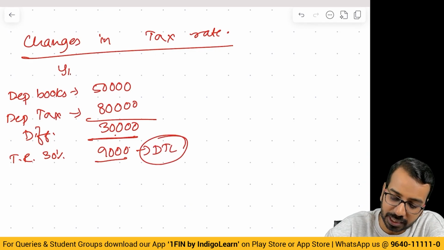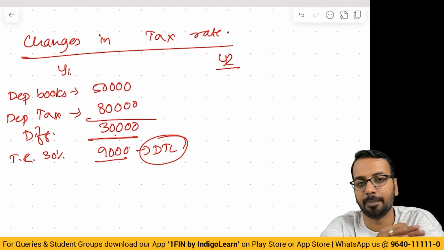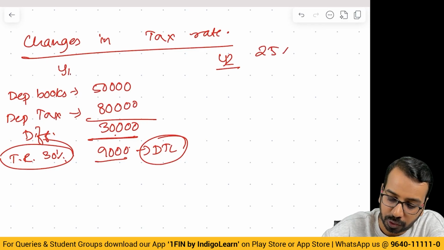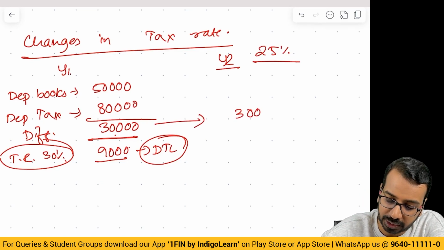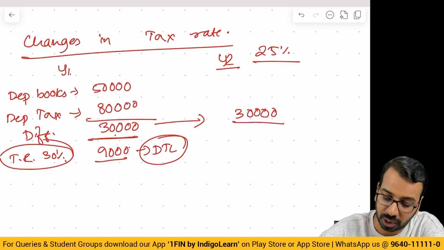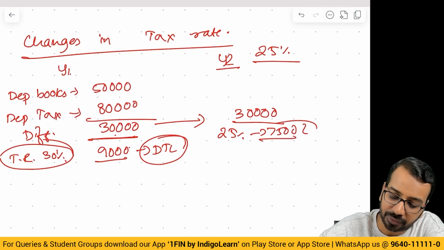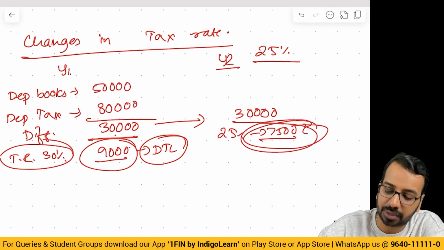Now assume in year 2, there are no differences. Depreciation is the same. But the tax rate has changed from 30% to 25%. Then what should we do? On this difference of 30,000, you have to take the total cumulative difference, 30,000, and apply the 25% rate, and now you have a liability of 7,500. Initially the liability was 9,000, now it is 7,500.